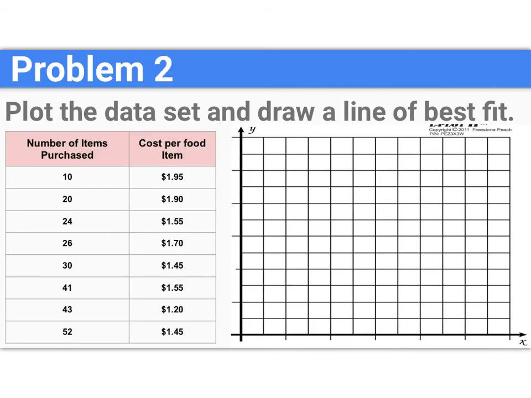Plot the data. So we're gonna go from 10 to 50. 10, 15, 20, 25, 30, 35, 40, 45, 50, 55. Okay, we can get every 5 in.